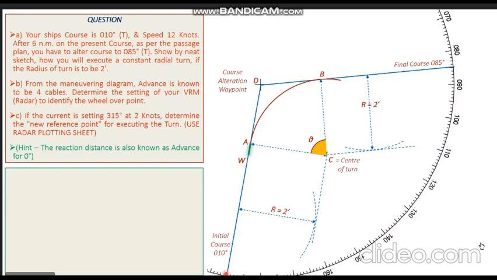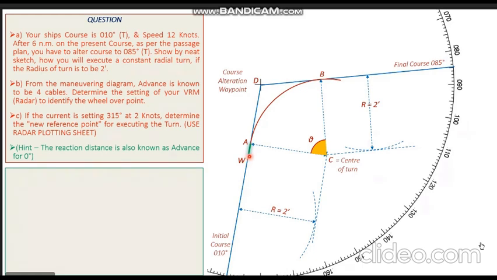So you can imagine now the vessel approaching on the initial course 010. When the vessel reaches point W, the helm is given. This is the wheel over point. So the wheel is given, the helm order is given. The vessel takes 0.4 miles to react.